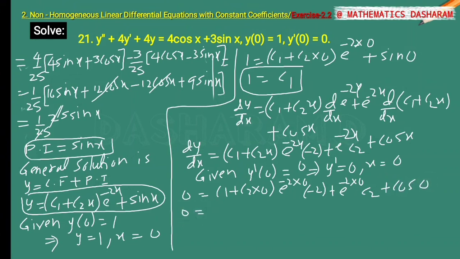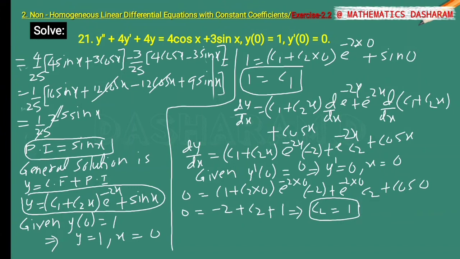So 0 equals, here c2 into 0 is 0 and e to the power of minus 2 into 0 is 1, so 1 into minus 2 is overall minus 2. Next plus c2, because e to the power of 0 is 1 and cos 0 is 1. This implies c2 equals 1, because minus 2 plus 1 is minus 1, and minus 1 transposes to the left side.